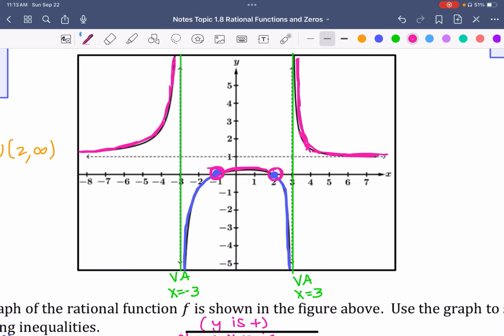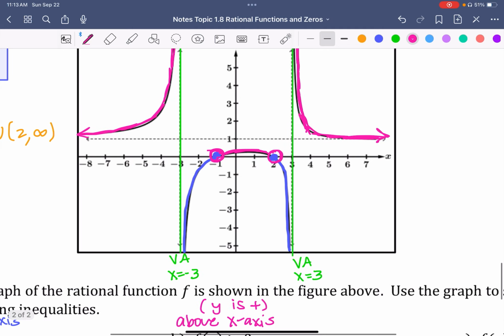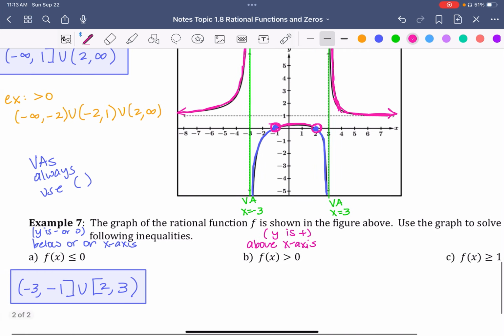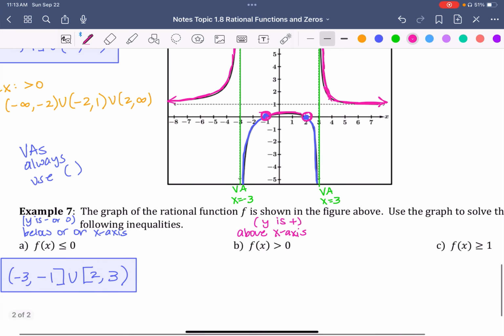Okay, so my answers are going to include only the stuff I have in pink. So starting all the way to the left, remember you do your intervals from least to greatest. So starting at the left, I see that the pink graph goes to -infinity. And then again, I am bound by that vertical asymptote at -3.